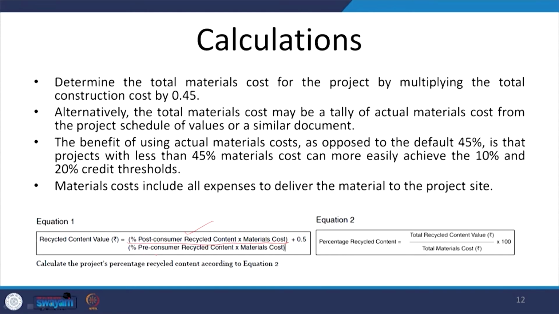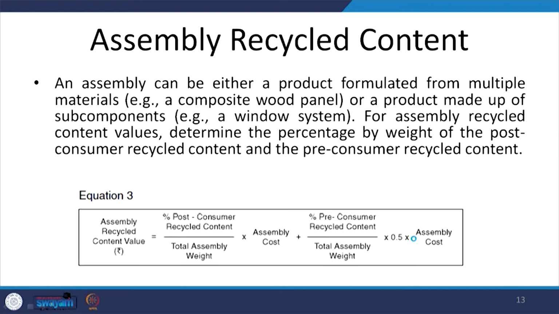However, if it is pre consumer recycled content, only 50% of it is taken into account, and then we calculate the total percentage of the recycled content as a percentage. So, the percentage compliance varies from rating system to rating system.